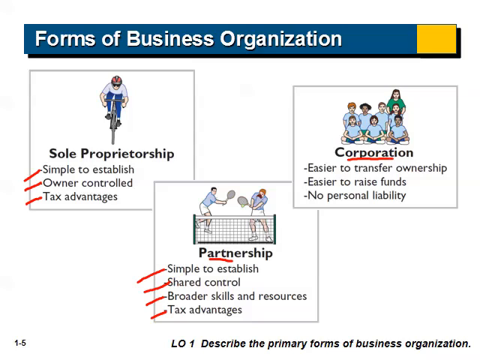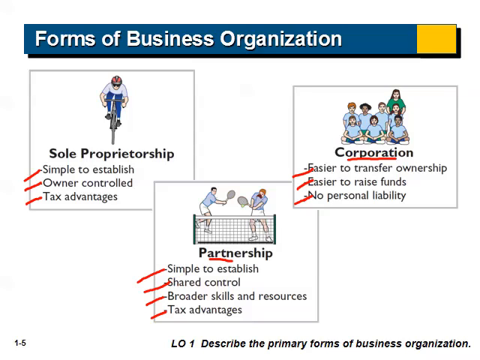And then finally, there's a corporation. It's easy to transfer ownership. For example, if I'm in a company and I want to get out, I can easily transfer my ownership, where a partnership is a little more difficult. It's very easy to raise funds because besides borrowing money from a bank, you can issue stock and such, and you have no individual or personal liability.